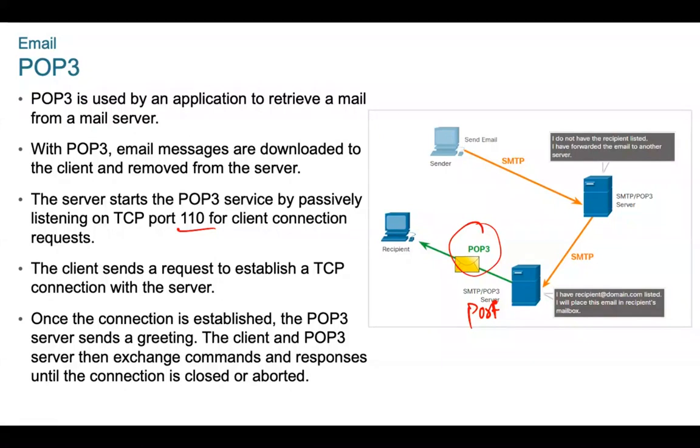And POP, for delivering the email, uses port number 110 from the delivery server. When a client wants to make use of the service, it sends a request to establish a TCP connection with the server. When the connection is established, the POP3 server sends a greeting, and the client and POP3 server then exchange commands and responses until the connection is closed or aborted.